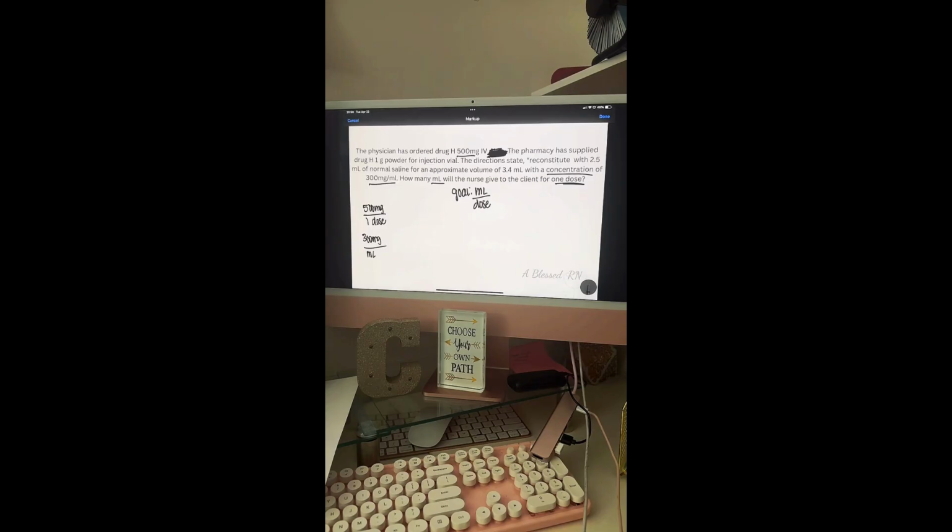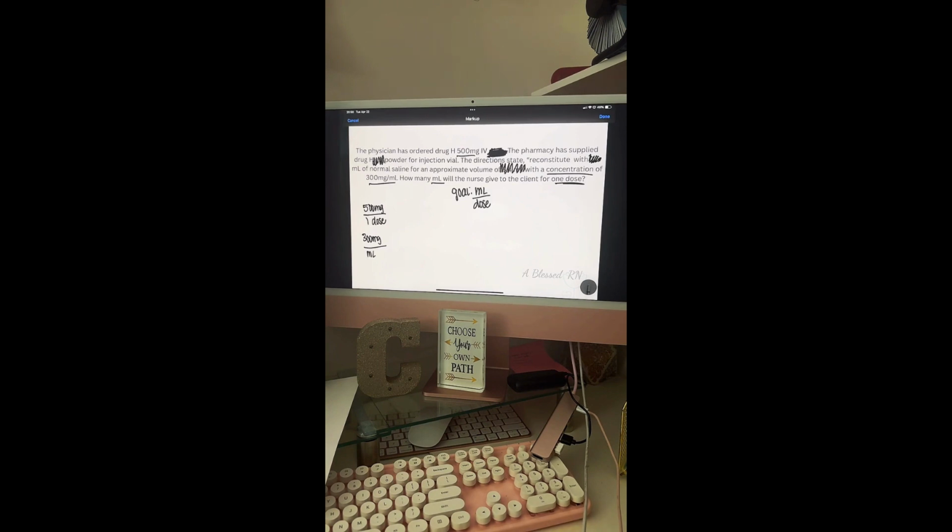All right. So listen, the goal is milliliters per dose. We know that 500 milligrams is in 1 dose, and then we have 300 milligrams per milliliter. So how are we going to set this up? We know that everything else was fluff. This was fluff. This is fluff. And this is fluff too, okay?